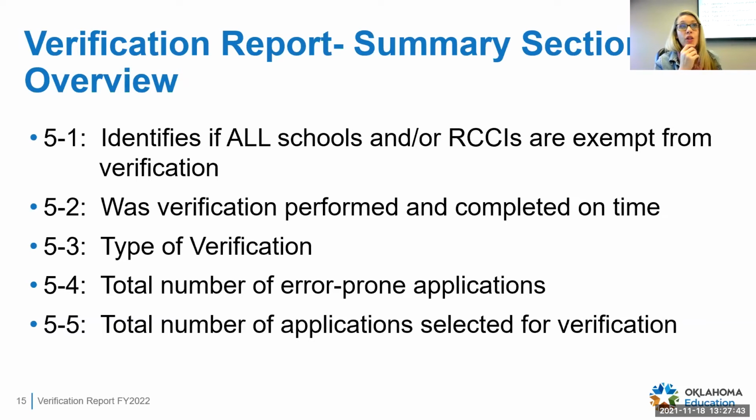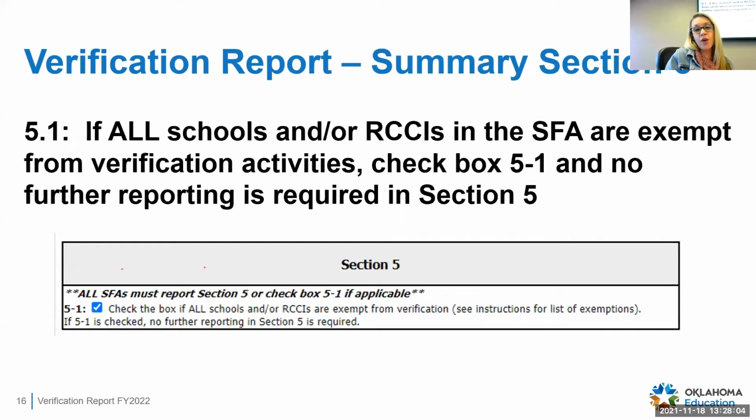I hope that's all of you that had to do verification. And 5-3, the type of verification. And 5-4 is the total number of error-prone applications. And 5-5 is the total number of applications selected for verification. So that's what we'll discuss in section 5.